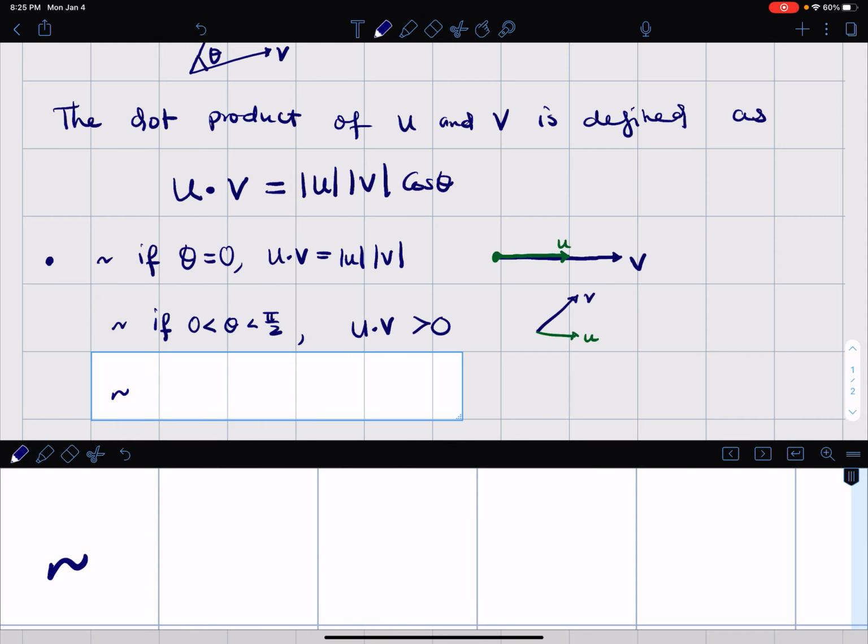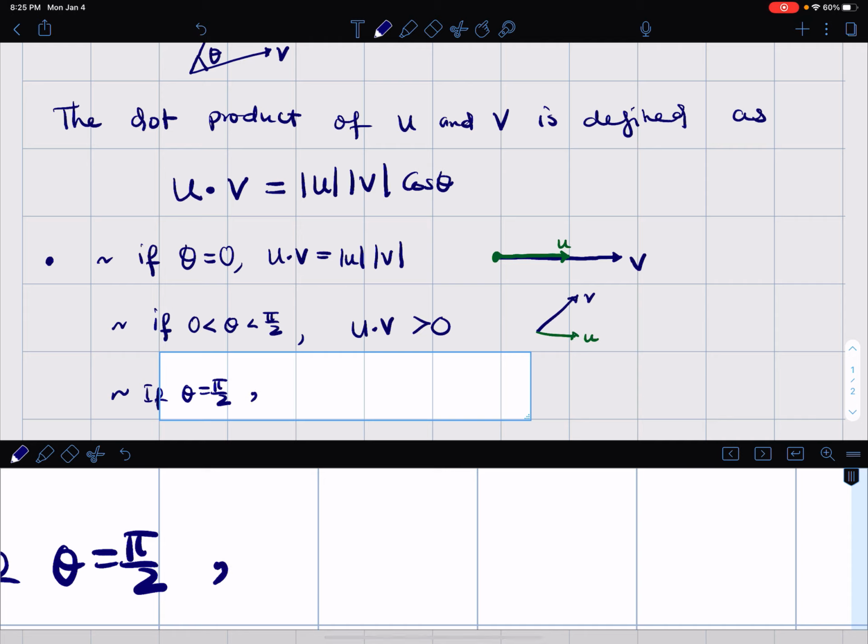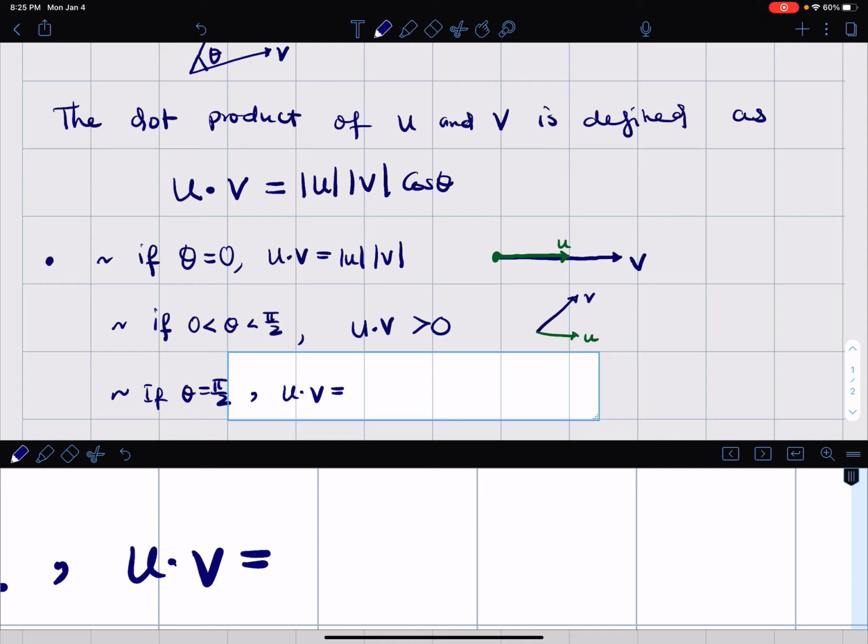Now let's look at another case. If theta is equal to pi over 2, what happens then? Then u dot v is going to be magnitude of u times magnitude of v times cosine of pi over 2. The cosine of pi over 2 is 0, so the dot product is going to be 0.